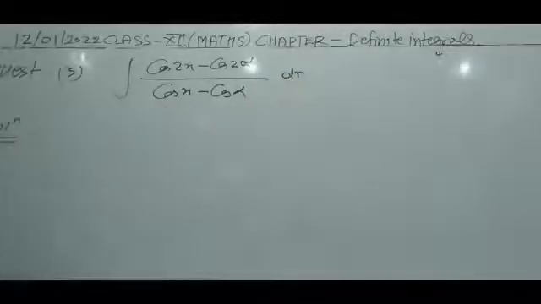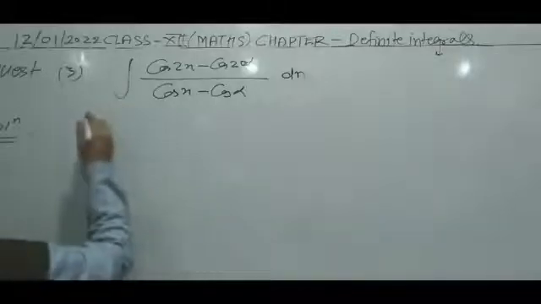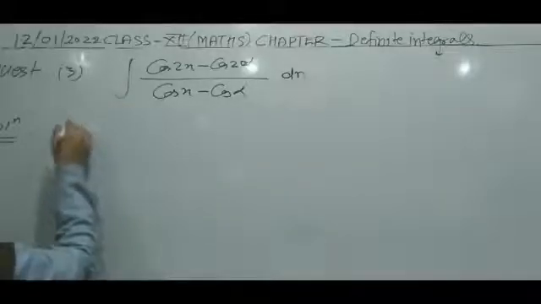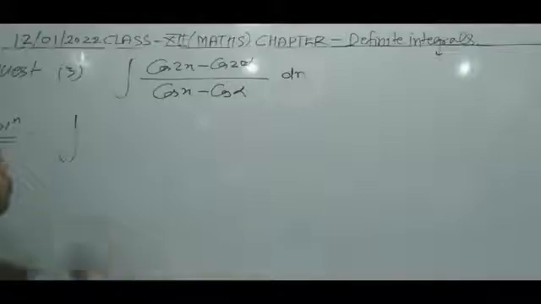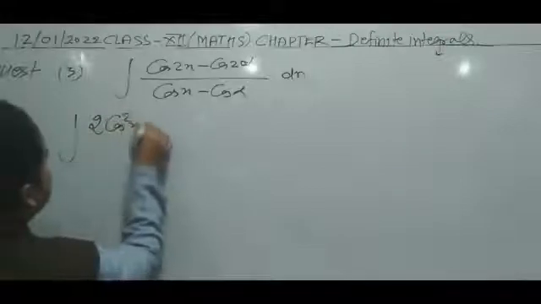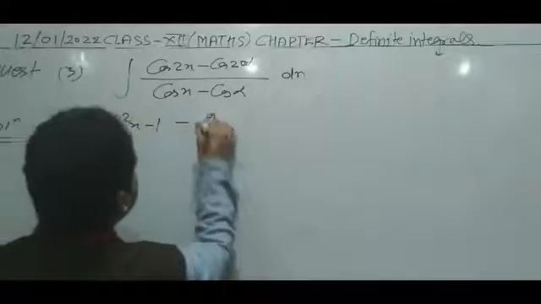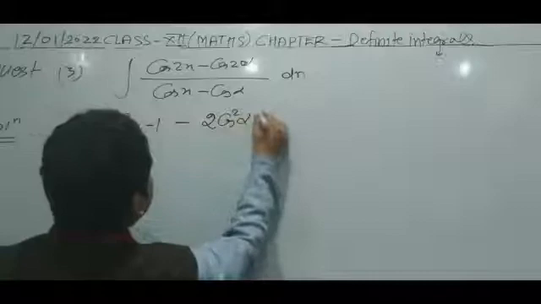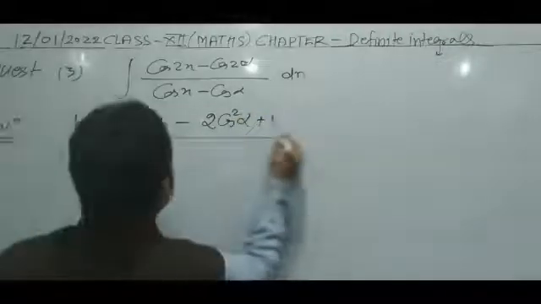So how can we solve this? You know, cos 2x we can write as 2 cos square x minus 1. So 2 times cos square x minus 1, with a negative sign, 2 times cos square alpha minus 1. This is the formula.